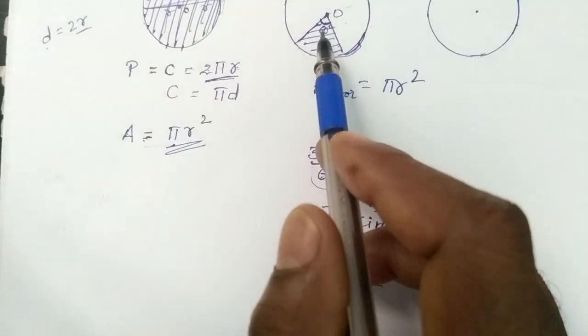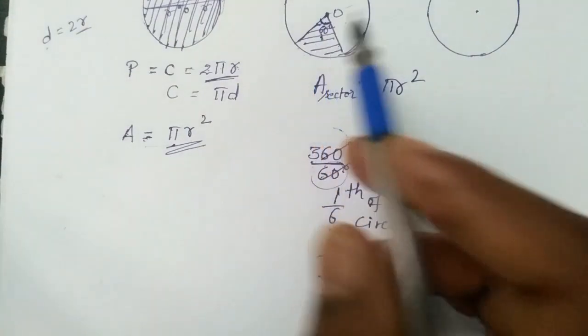But here the given angle is 60 degrees. In case it is 45 degrees or 90 degrees, what do we do?